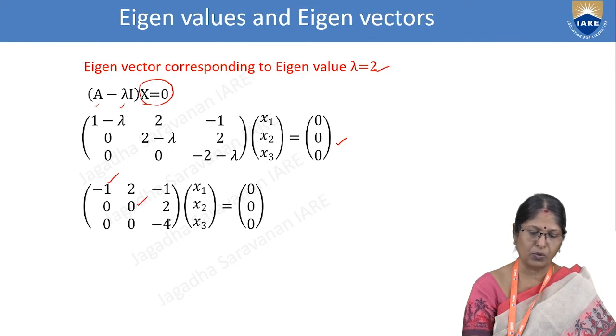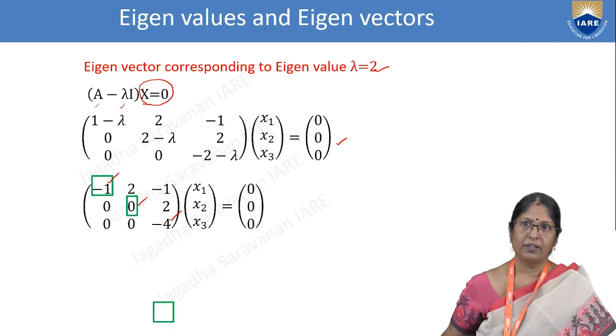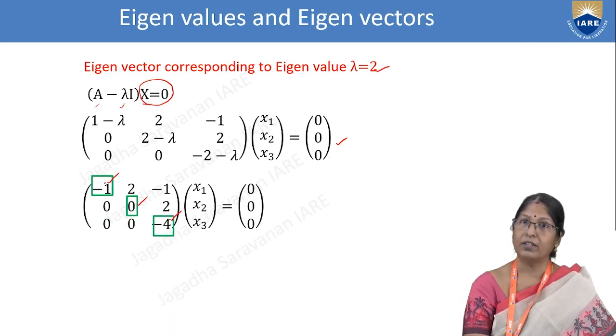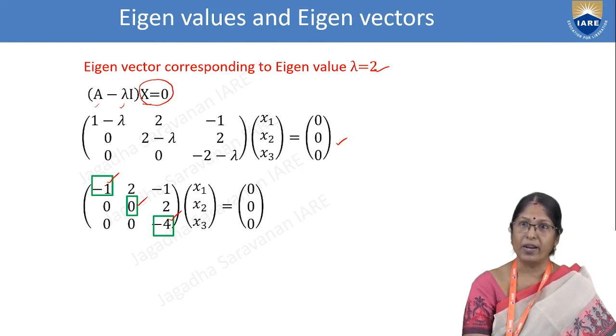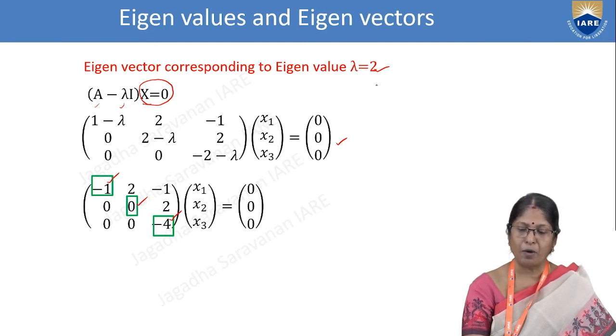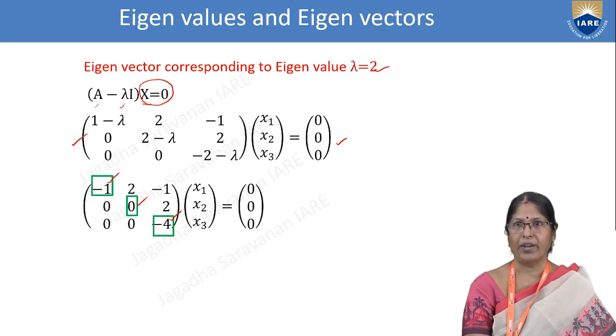Minus 2 minus 2 is minus 4. So we can see these rectangled ones, it is making our understanding level more. -1, 0, -4. These elements we got when lambda equal to 2 is substituted in this matrix.